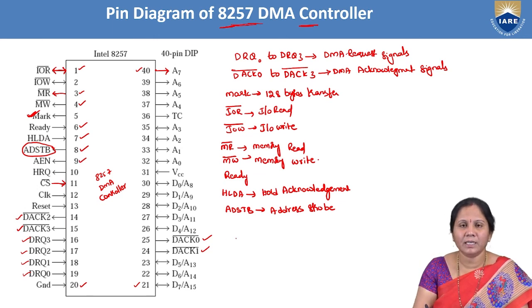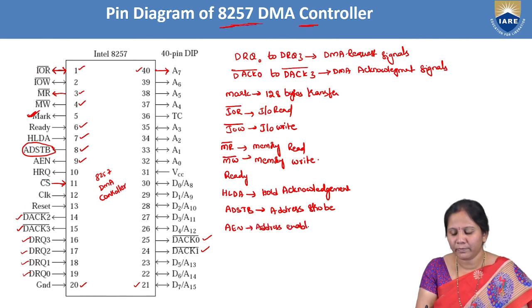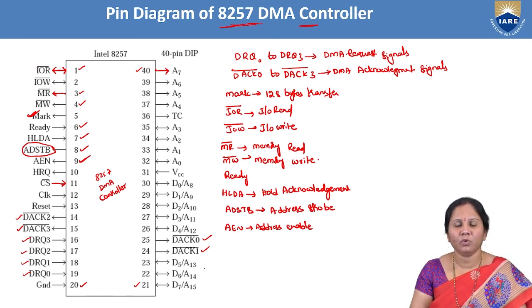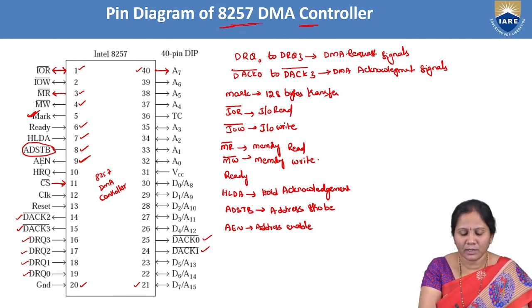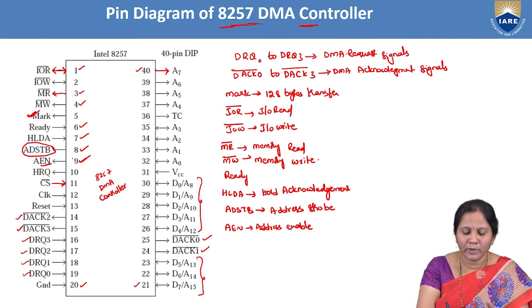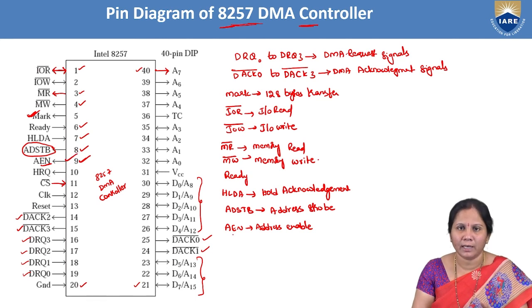The next, ninth signal is AEN, which represents address enable. This AEN signal of the DMA controller will be connected to the address enable signal of the 8086 microprocessor. Why? Because here also we have address data multiplexed lines, and in order to demultiplex these address and data multiplexed lines, we have to use this AEN signal.